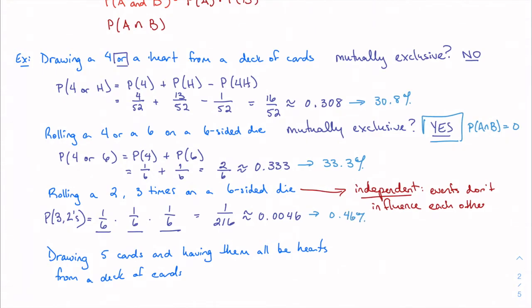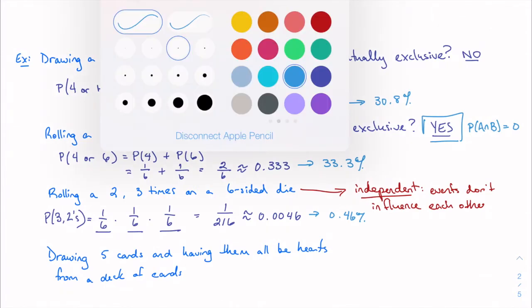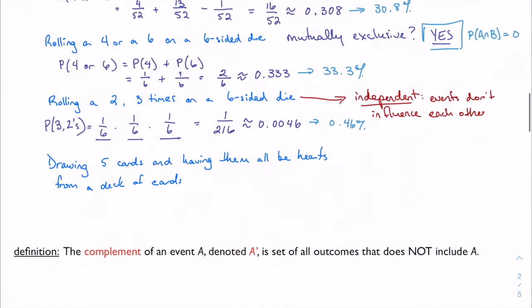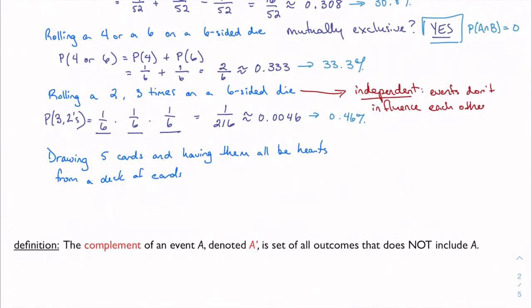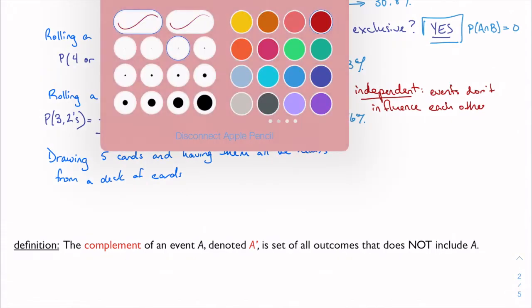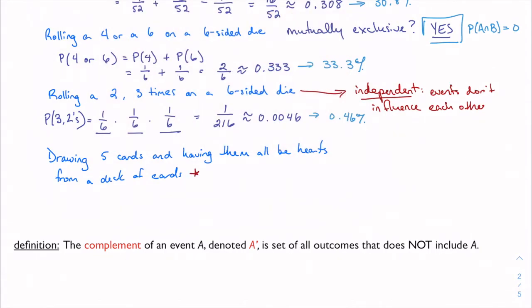All right, well, what about non-independent, dependent events, you might say? What happens if I draw 5 cards, and I have them all hearts from a deck of cards, and I'm going to put the extra restriction on here that I'm not replacing the cards? I'm not putting them back in the deck. So I can look at it 2 different ways.